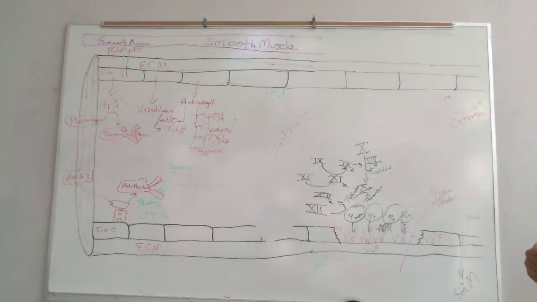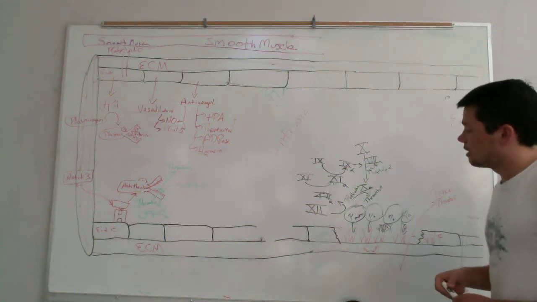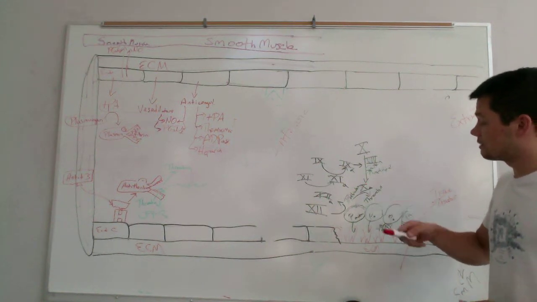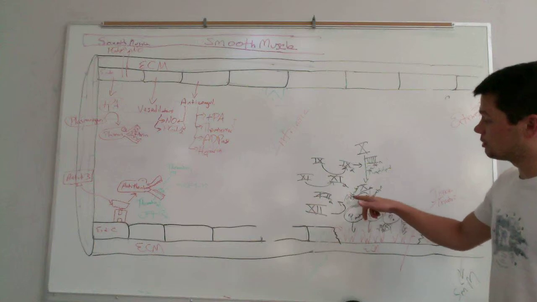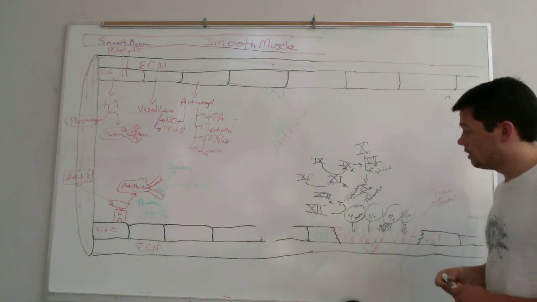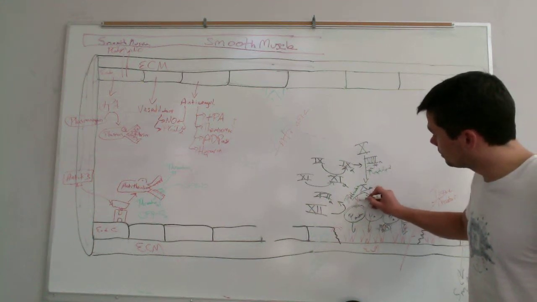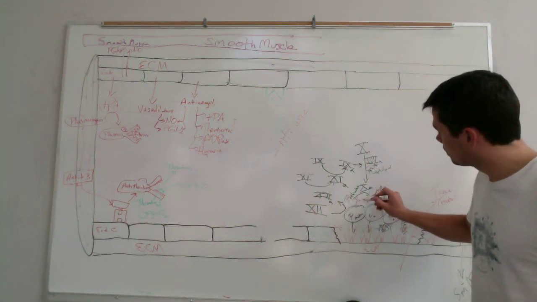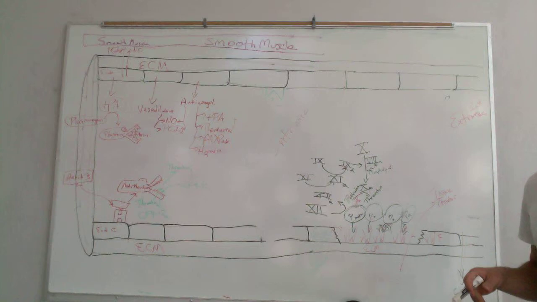And it's getting kind of messy here, but again, activated factor 10 is the key to converting prothrombin into the active form thrombin, but factor 5 is important, and so is calcium.